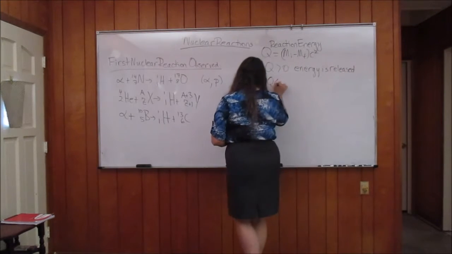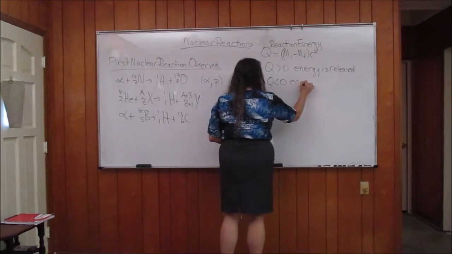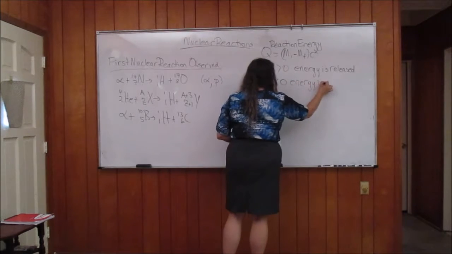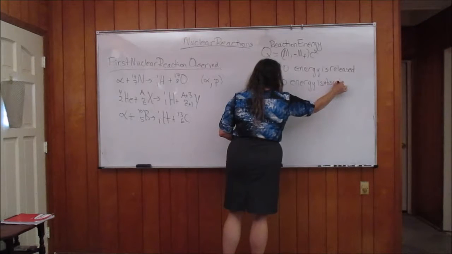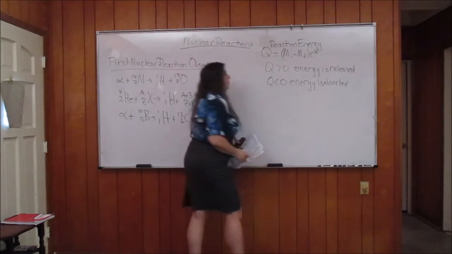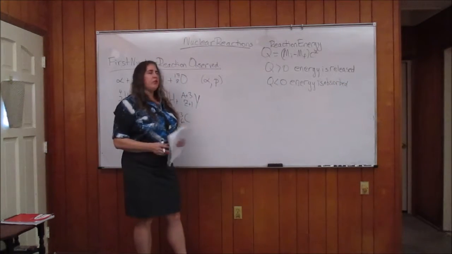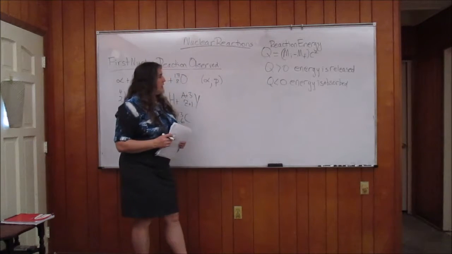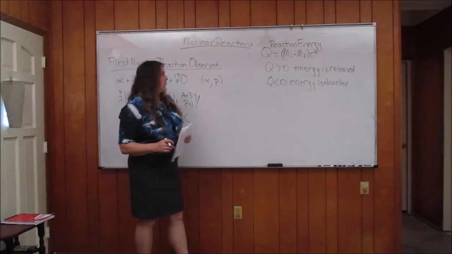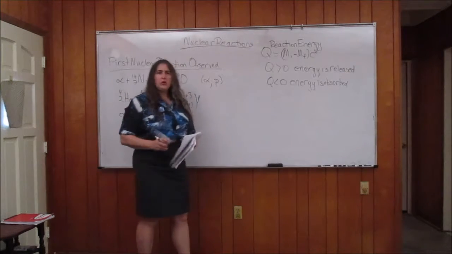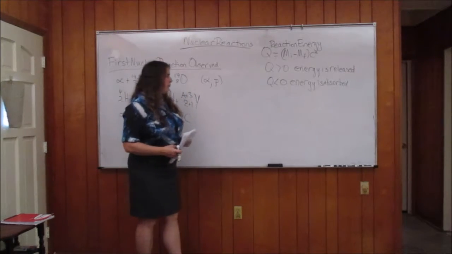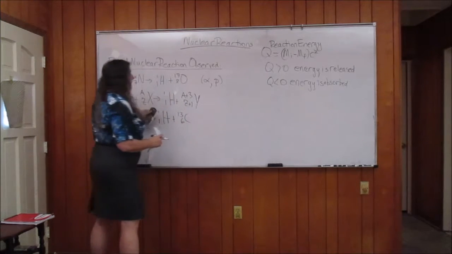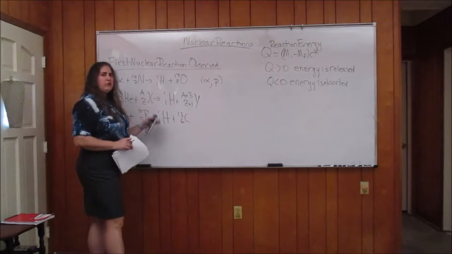And if Q is less than 0, energy is absorbed. The first reaction is often called exothermic or exoergic. The second reaction is termed endoergic or endothermic. Okay, so let's calculate the reaction energies for each of these reactions.